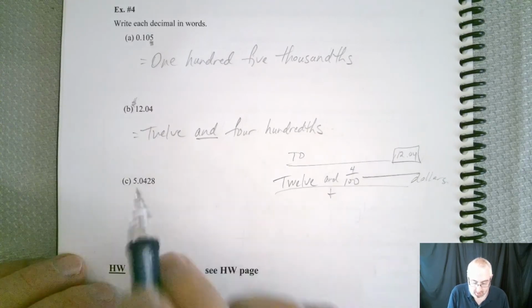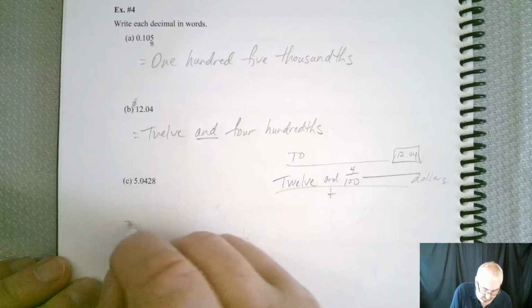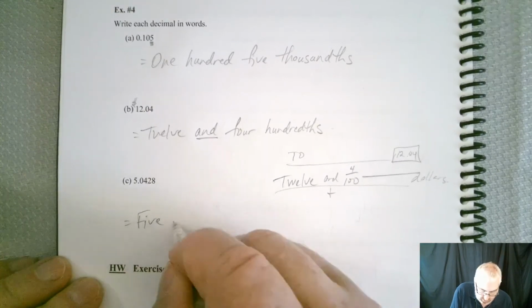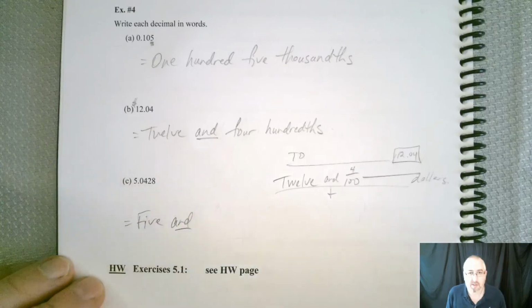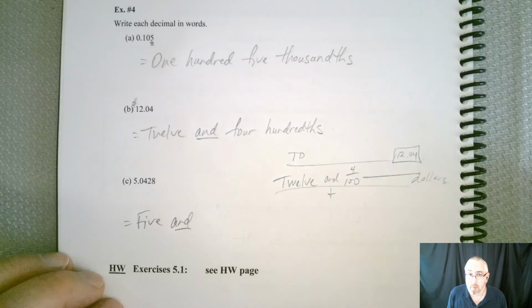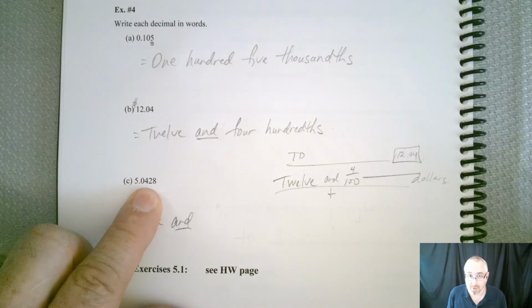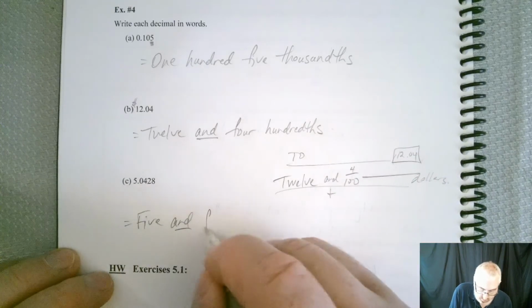So, all right, let's jump to the last one. So left side, that's a 5. And then what's the right side? 4 place values, but the number piece is just 428. So we can write 428.